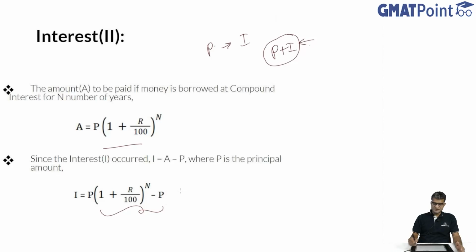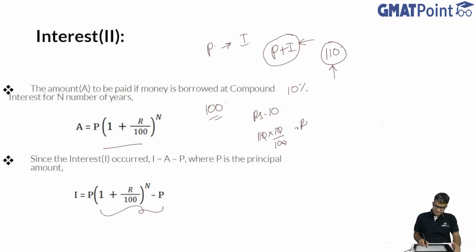For example, let us assume that you have a principal of rupees 100, the rate of interest is at 10%. So the interest accumulated at the end of 1 year will be rupees 10. So at the end of 1 year, the total amount that has to be repaid is 110. If this is not repaid, for the second year, this will be the principal. And 10% of 110 will be rupees 11.